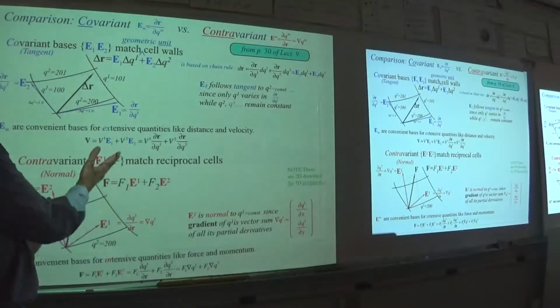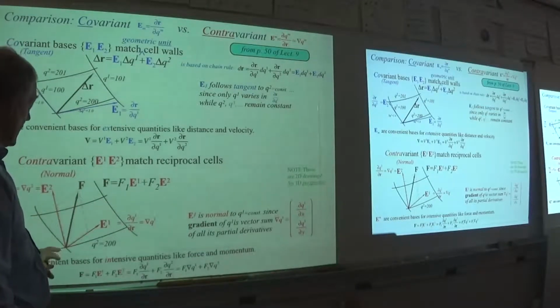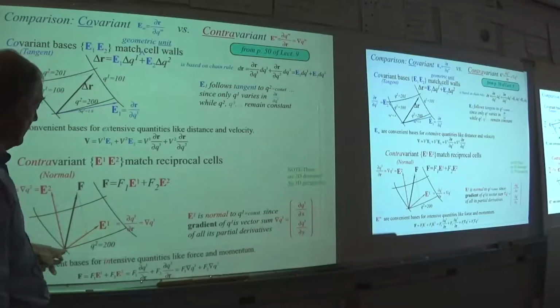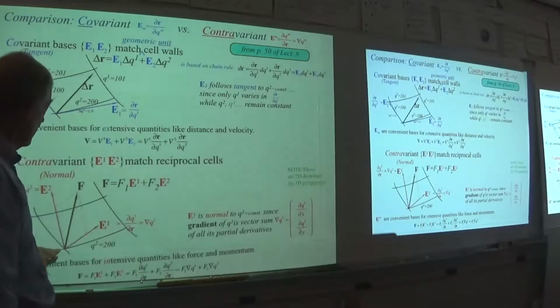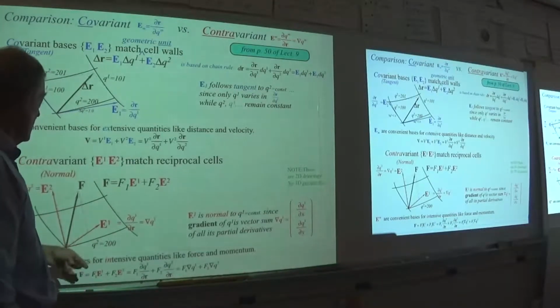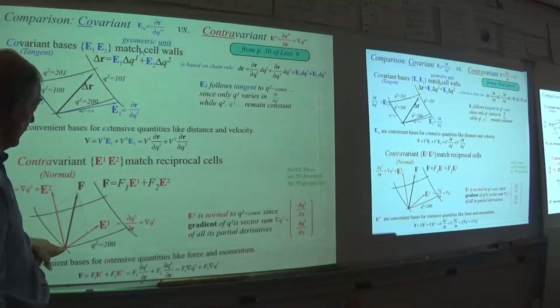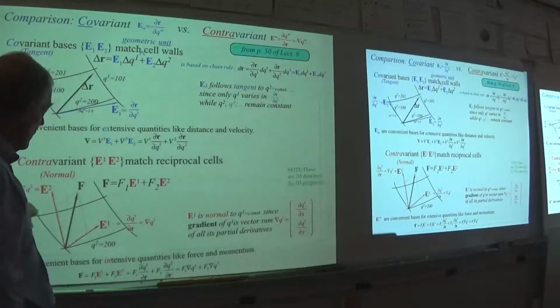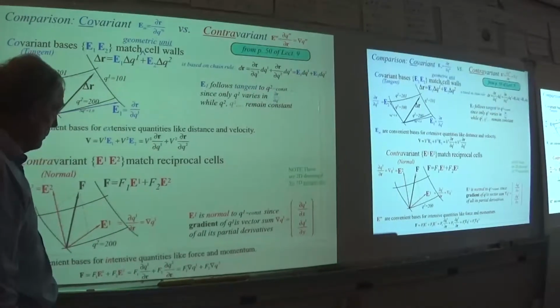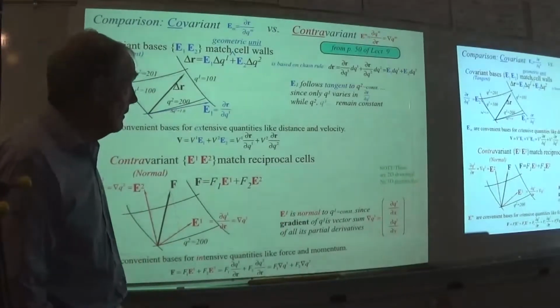They stick out wherever they stick out by being perpendicular to their respective q equal a constant. Here's q2 equal to a constant. It will have a vector pointing normal to that. This one, q1 equal a constant, has an e super 1, a contravariant vector pointing normal.